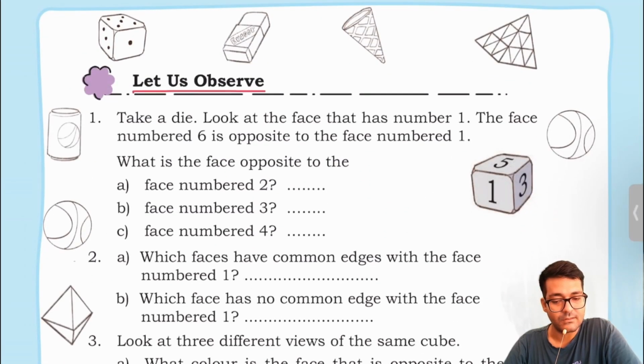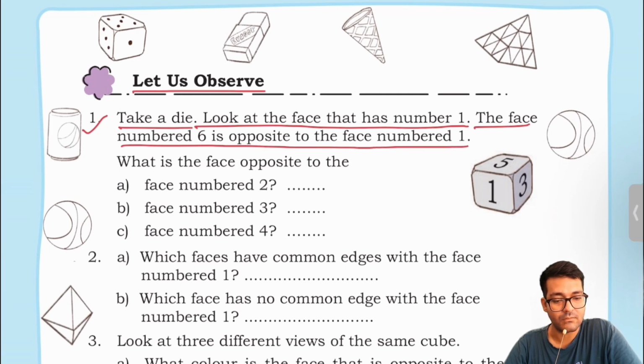Let us observe. 1. Take a die. Look at the face that has number 1. The face numbered 6 is opposite to the face numbered 1. You already know that the sum of numbers on opposite faces of a die is always 7.